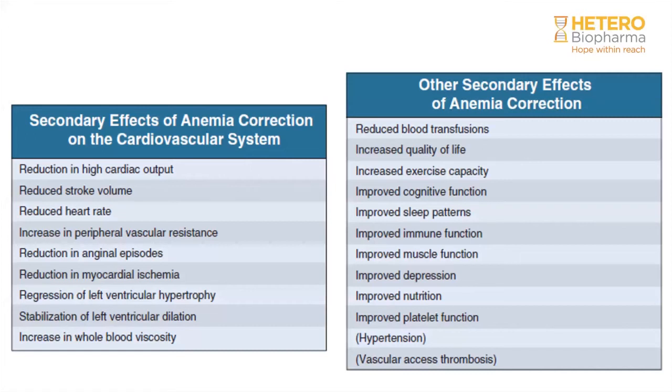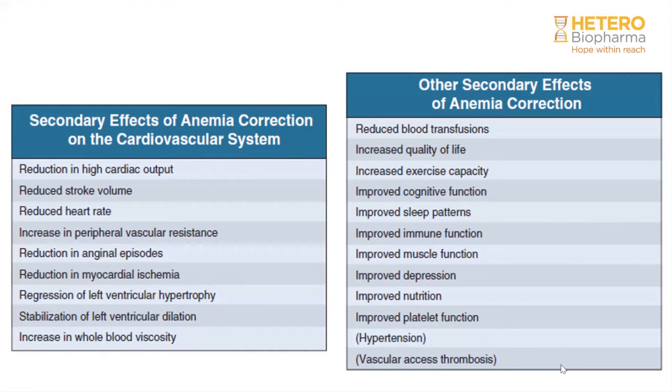Why is it necessary to correct the anemia? We all know its consequences on the heart: it results in high cardiac output, an increase in the peripheral vascular resistance, chances of MI, and ventricular hypertrophy. These are some of the consequences of anemia, and that's one of the reasons why we need to correct anemia.